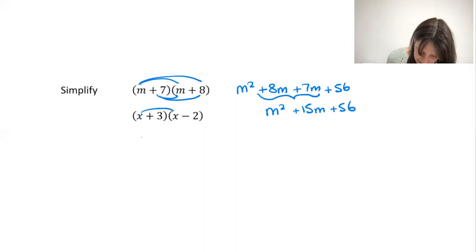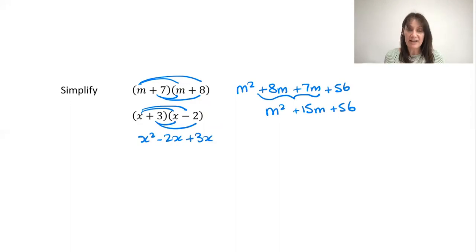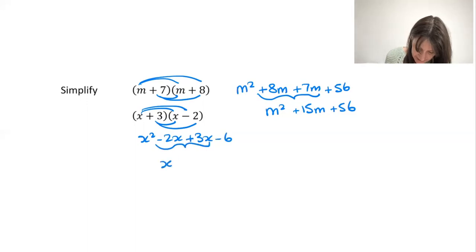You've got your x times x, which is x squared. Then you've got minus 2x plus 3x. And don't forget that that is not 3 take 2. It is 3 times negative 2, which is minus 6. And then we just tidy that middle up. So we've got x squared.